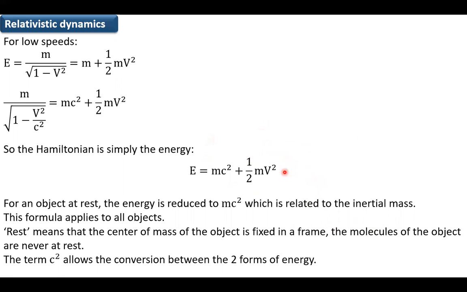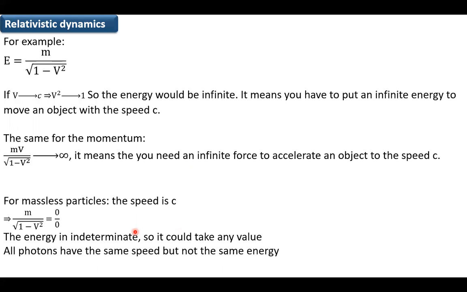But if you take the macroscopic object, its center of mass, if it is fixed, you say that the object is at rest. But molecules are never at rest. So this quantity c squared is the term that allows you to make the conversion between the two forms of energy, or between mass and energy, from mass to energy, or from energy to mass. You multiply the mass by c squared.